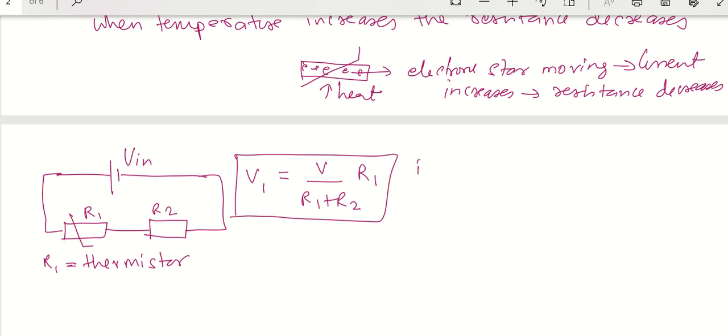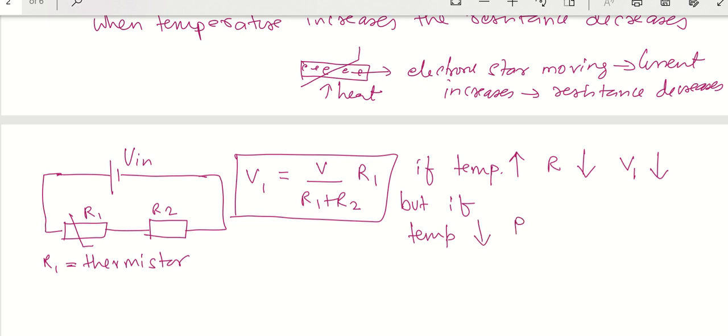Now if temperature increases, resistance decreases, then V1 also decreases. But if temperature decreases, resistance increases, which resistance? R1, by the way, R1 increases, then your V1 also increases.